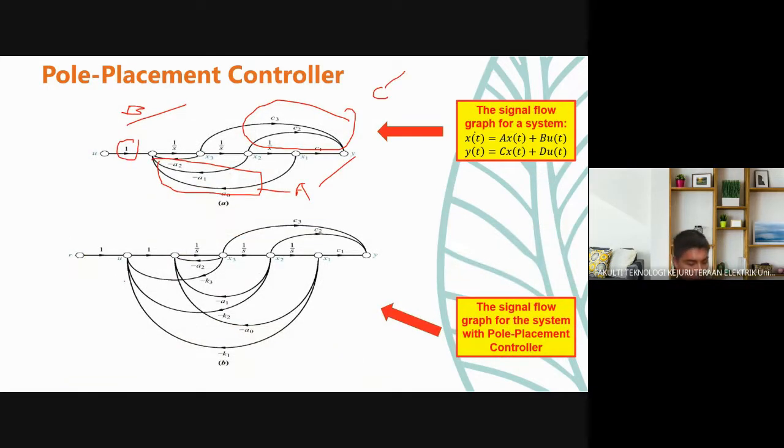So how about K? The difference between figure A and figure B is that there is a feedback K here: negative K1, negative K2, and negative K3. So how many K values you need to determine depends on the order of the system.